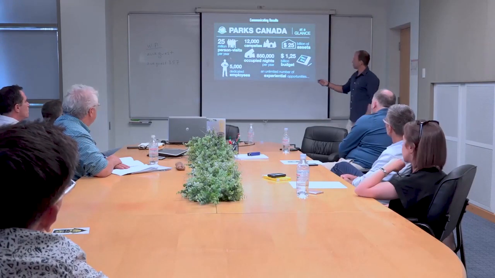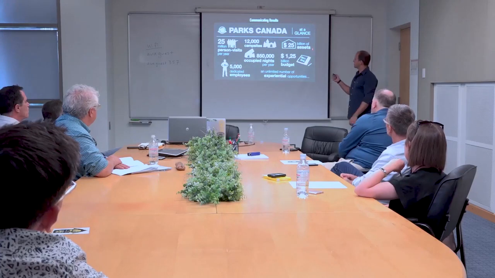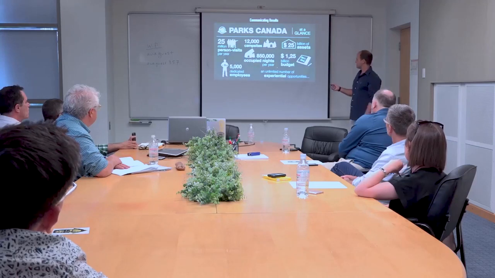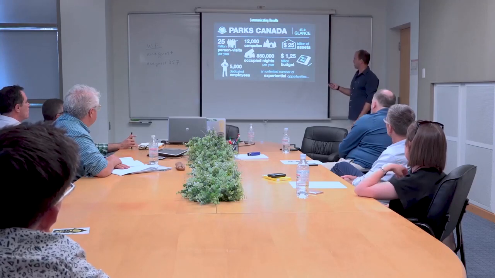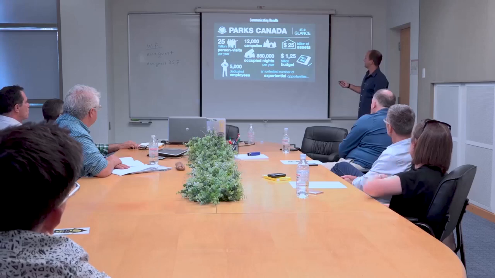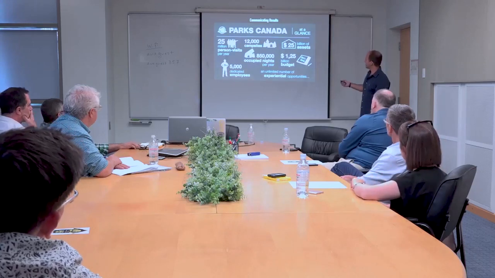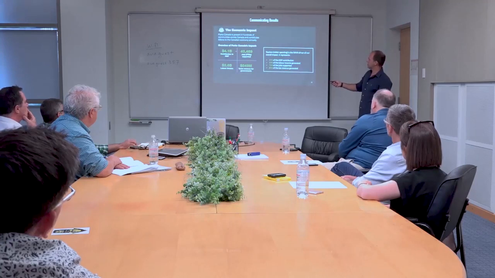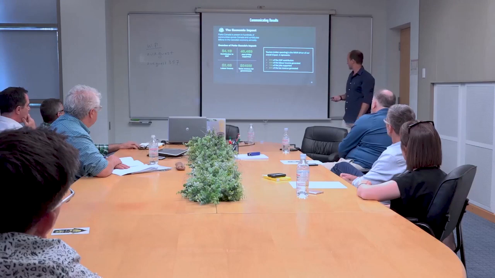Parks Canada also has that kind of information. This is how they show their assets: how many people are coming, how many campsites are occupied per year, how many employees, budget, and then they show contributions to GDP, jobs, labor income, tax revenues.